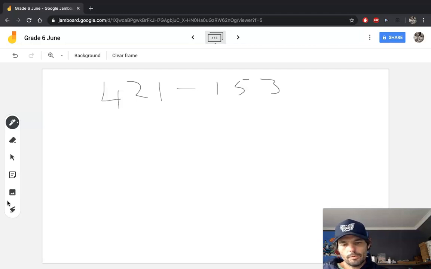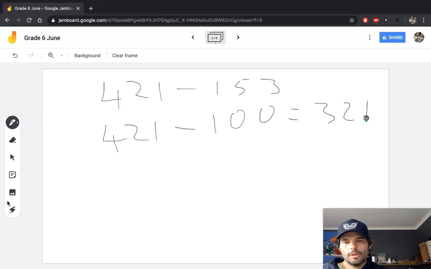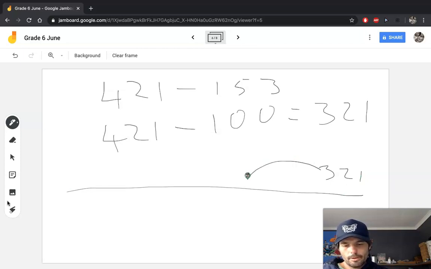Okay, the next question was 421 minus 153. So again, I'm going to first subtract 100 from 421, and that's going to give me 321. Okay, and then from 321, I'm going to use my jump strategy just to make it a little bit more visual and easier for me to understand. First, I'm actually going to go back 20, because that's going to give me 301.